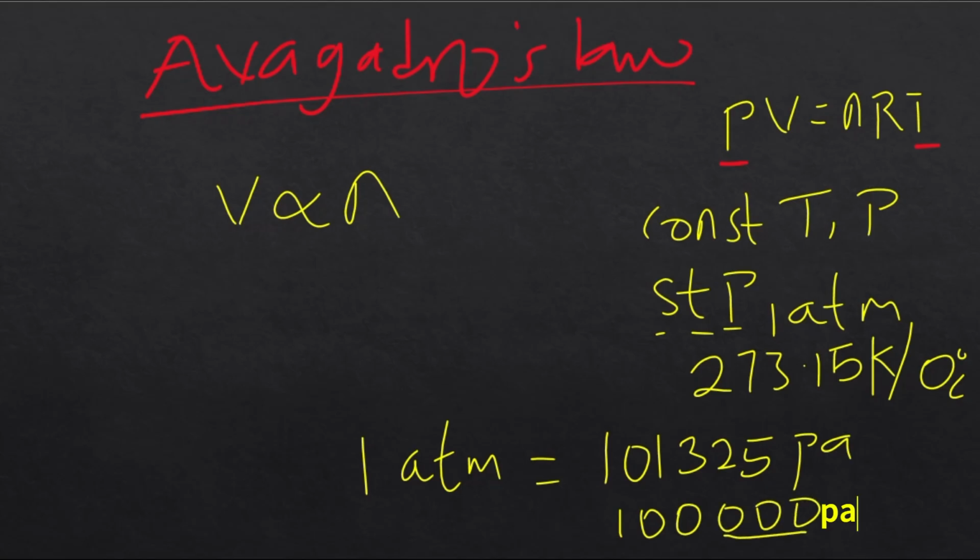So 1 atmosphere is about 100 kilopascals, approximately.